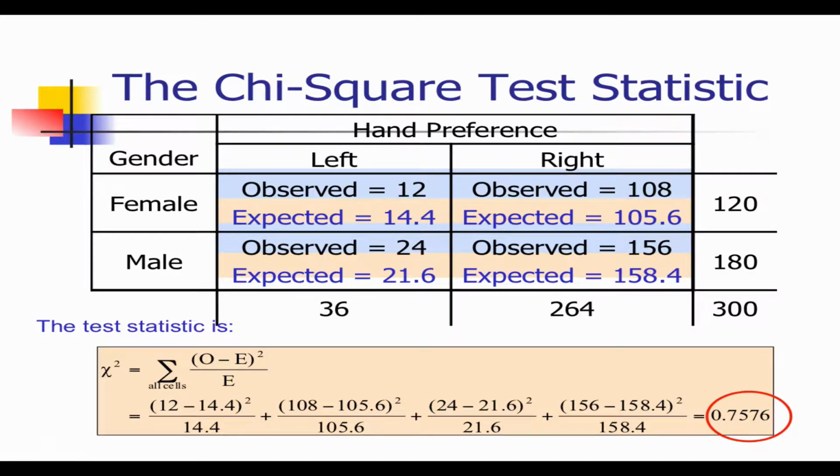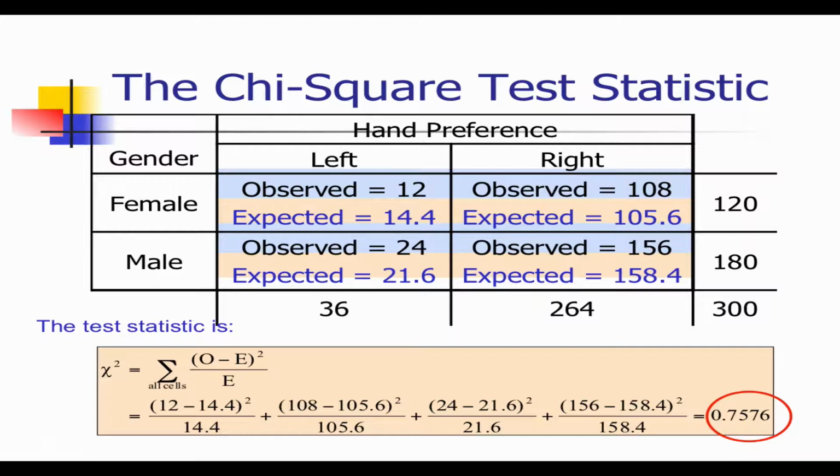And what is the rationale to calculate this number in this way? It essentially tells you that under the expected, which is under the null hypothesis, if the null hypothesis is correct, you should observe numbers close to your expected. So intuitively, if your observed number is quite different from the expected numbers, then you have more evidence to reject the null.